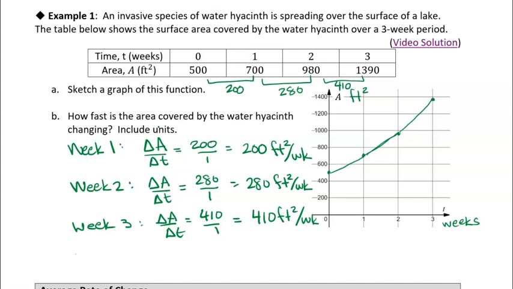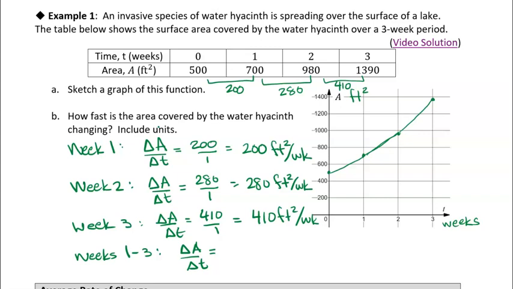Now, I don't have to do it over these individual weeks. I could look at the whole 3 week period. So we could look at weeks 1 through 3 and look at the change in area over the change in time. Now, if we look at a 3-week period, we're going from 500 to 1,390.